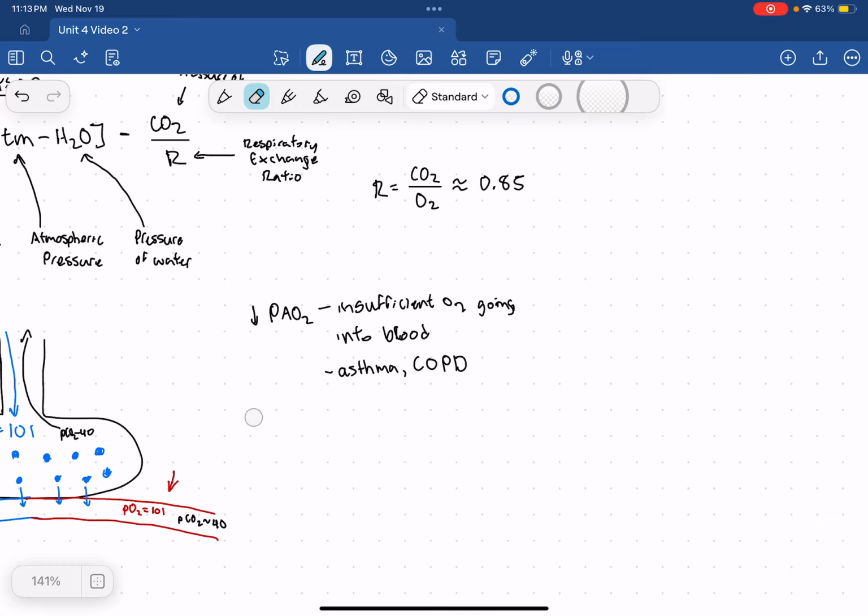If we have an increased PaO2, that just basically means that we are way over the normal range for our PaO2, which is about 100. This could be up to 120 or more. And typically, if we have this happening for extensive periods of time, this can be toxic to the body.